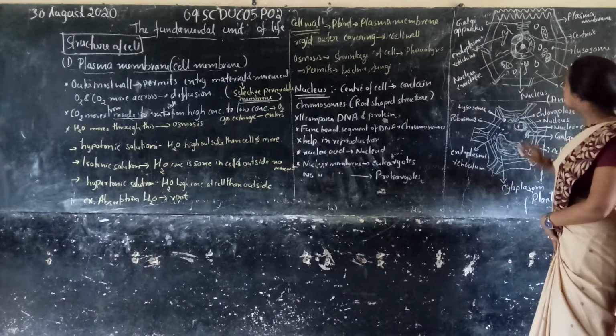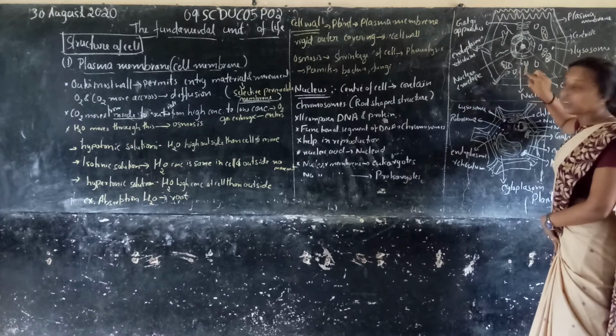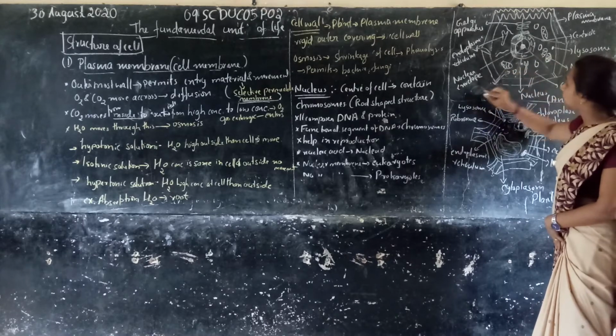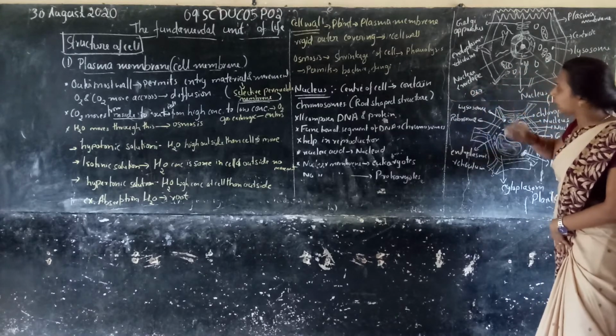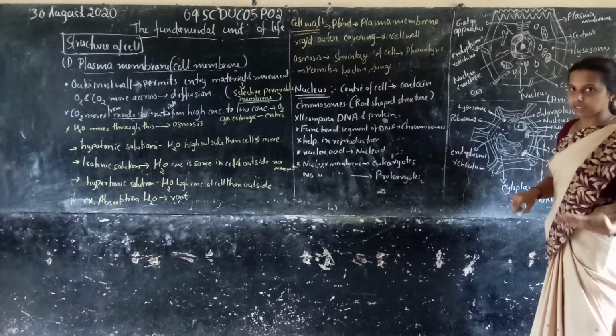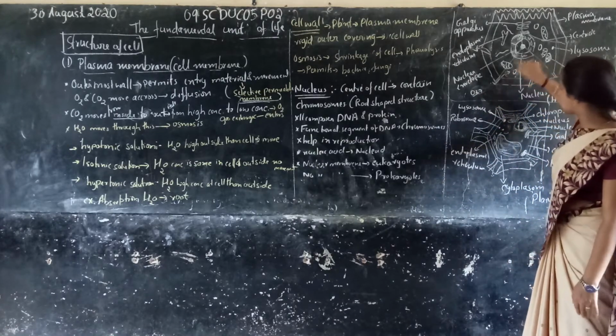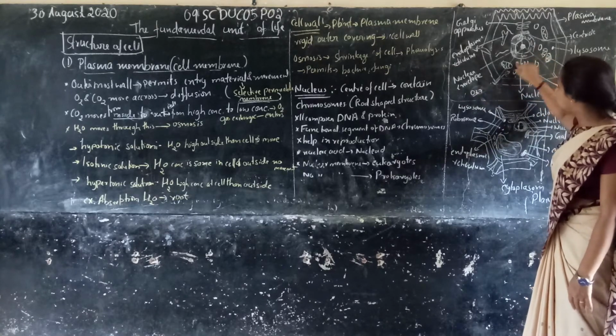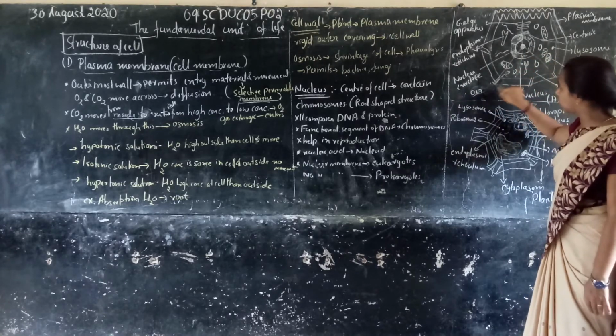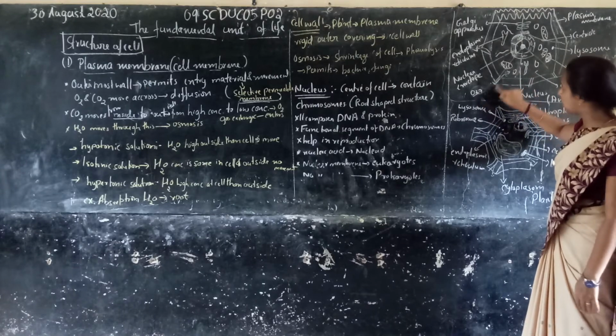So what happened? Here the cell now contains carbon dioxide, and the oxygen is outside the cell. What happened in this case? The carbon dioxide moves from inside the cell to the outside through the cell membrane.